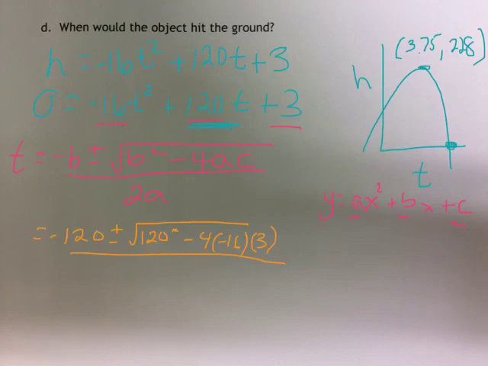So that's 2 times negative 16. Okay, now when I'm doing these problems, what I like to do is simplify under the radical. So I'm just going to throw that piece into my calculator, and I'm going to get 14,592 under there.